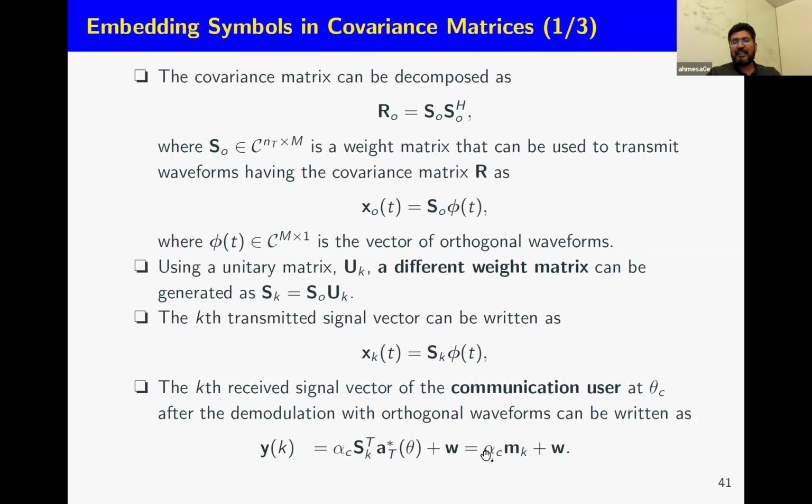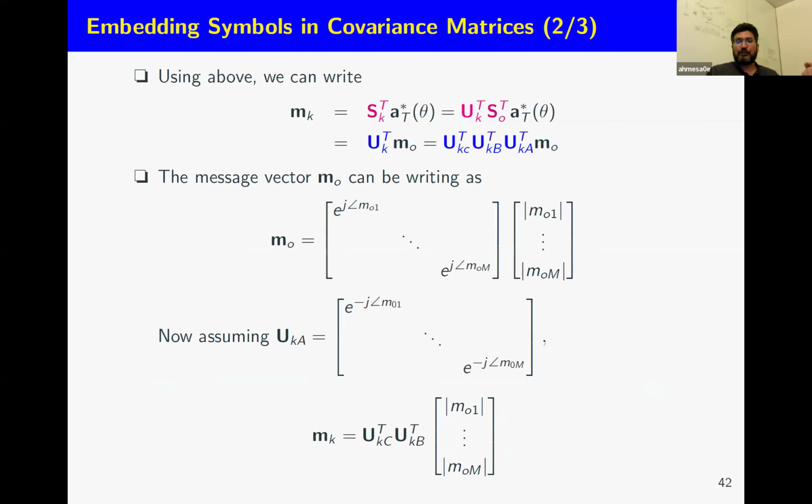If I ignore the noise and the attenuation, m_k is the received signal by the user, and we can write S_k, which was this one without noise and attenuation. When I replace S_k(t) with S_0(t) and U_k(t), this will be the equation.